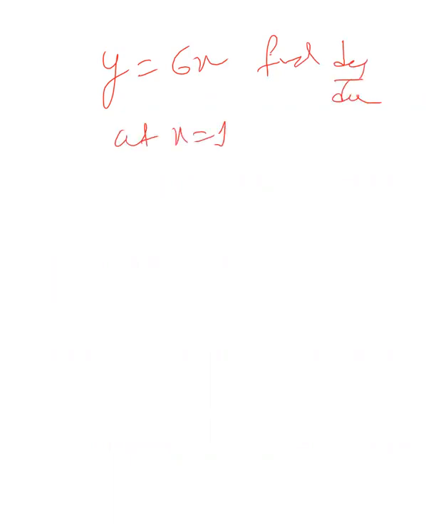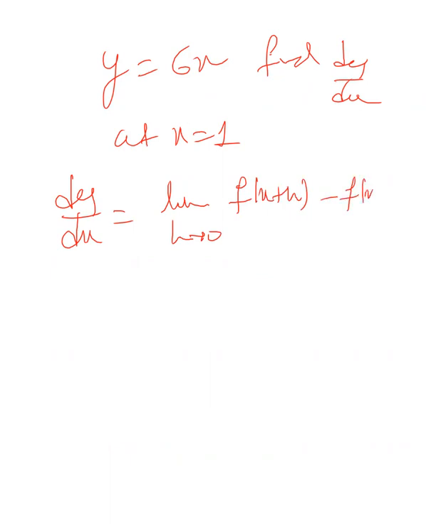Now we will do another question. Y is equal to 6x. Find dy by dx at x equal to 1. What is the procedure? First write the formula: dy by dx is limit h tends to 0, f of x plus h minus f of x upon h.